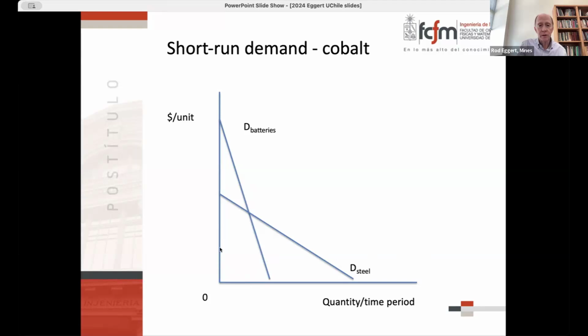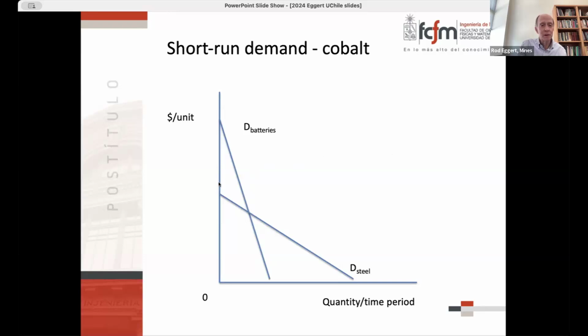As we increase the price, what's the next key price to think about? Well, it will be this price, because at prices higher than this price, what quantity will steel mills demand?